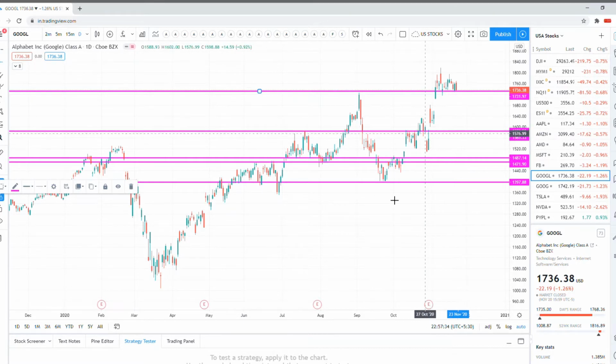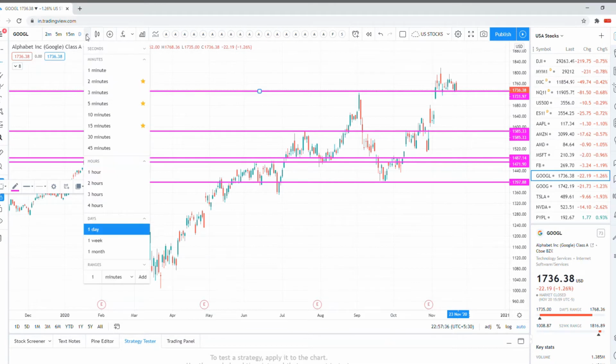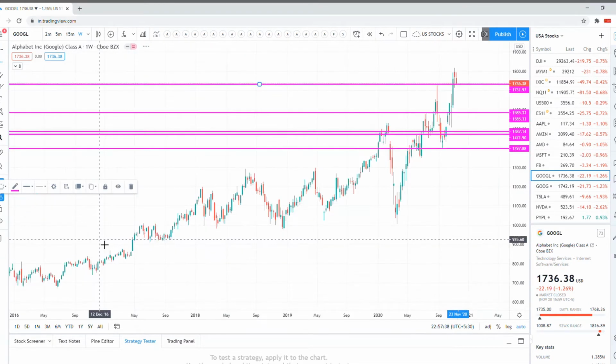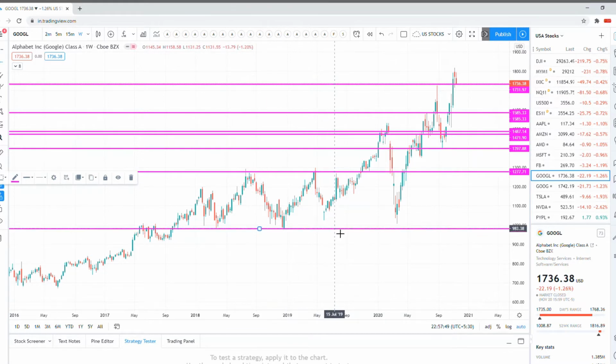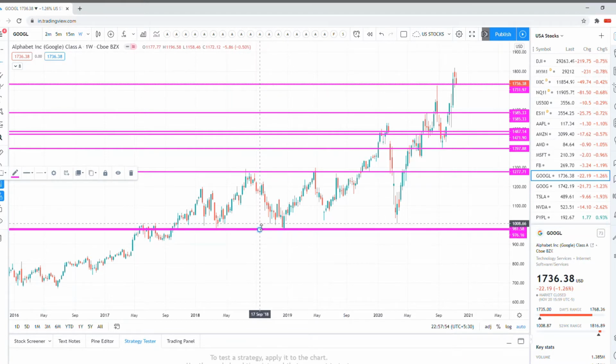Now let's look at the weekly chart quickly. Let's mark this, this is the resistance level actually which I'm marking. This is the resistance level. Yes, one more level over here.